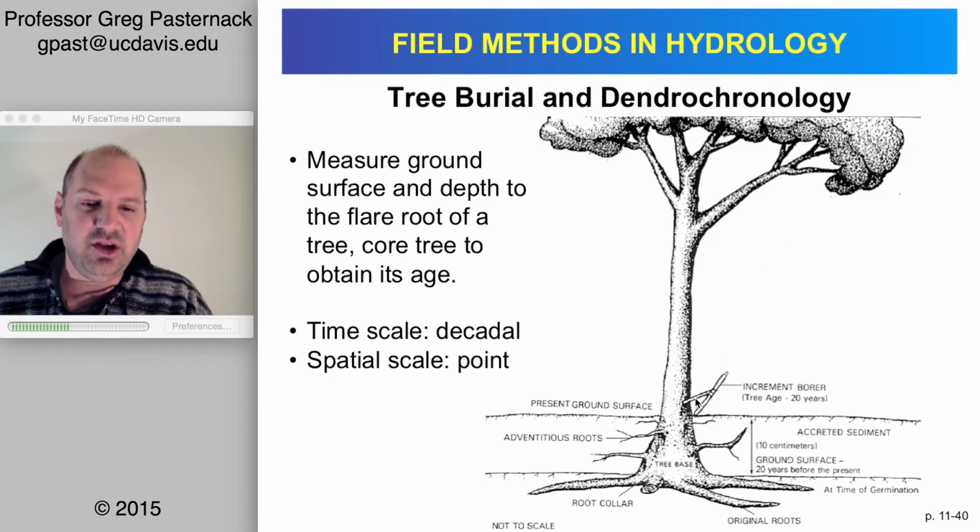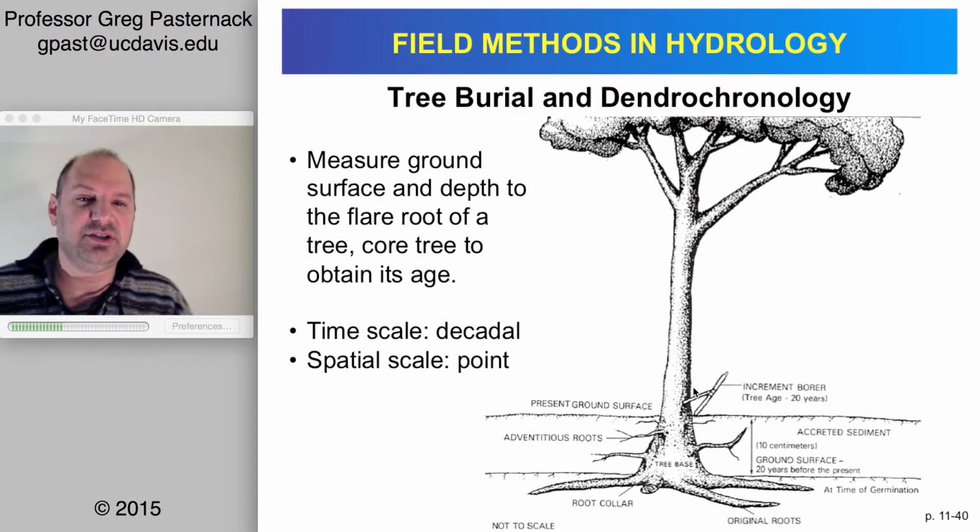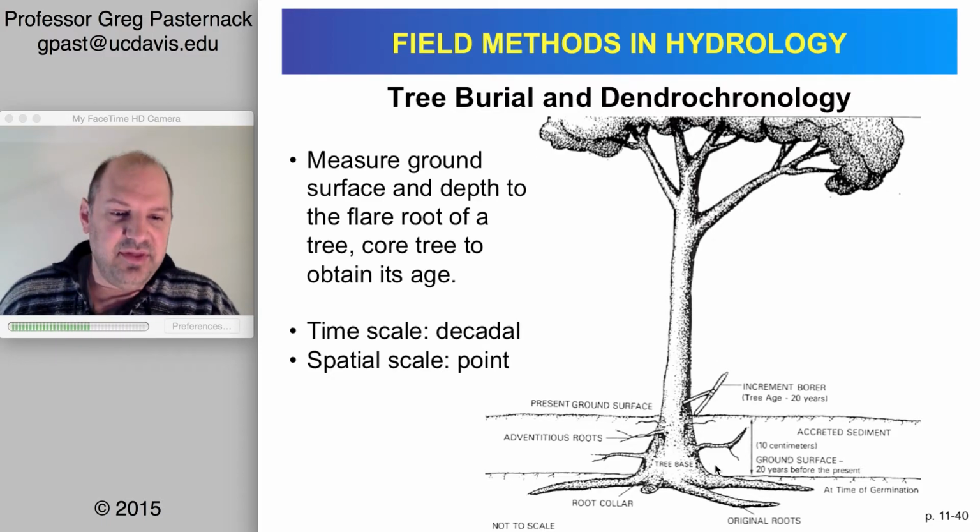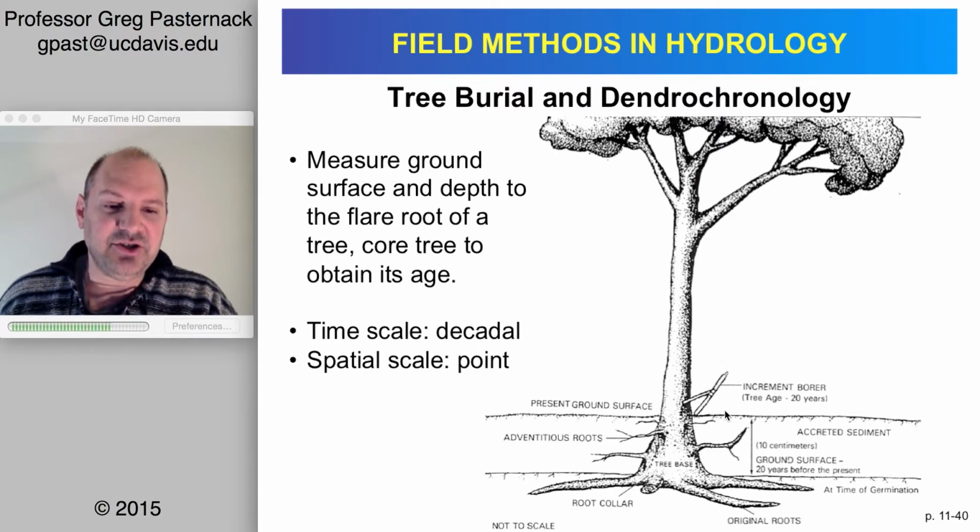But typically, you can core into the tree with a borer and count the tree rings and get how many years that the tree was there. And then trees have something called the flare root, and that flare root is the base of the tree at the time it was established. So then you just basically dig from the surface down to the flare root and measure that height.